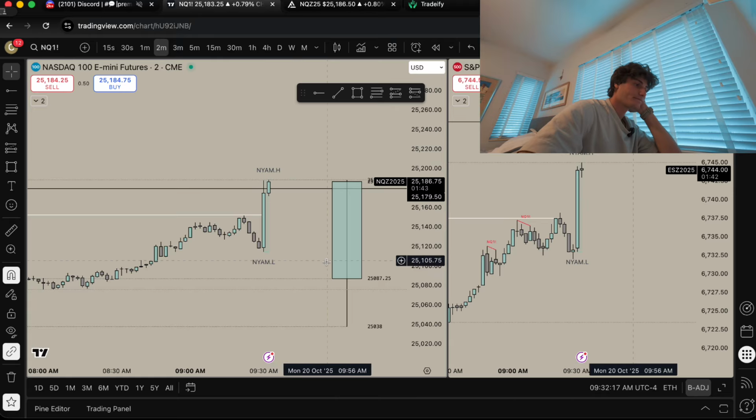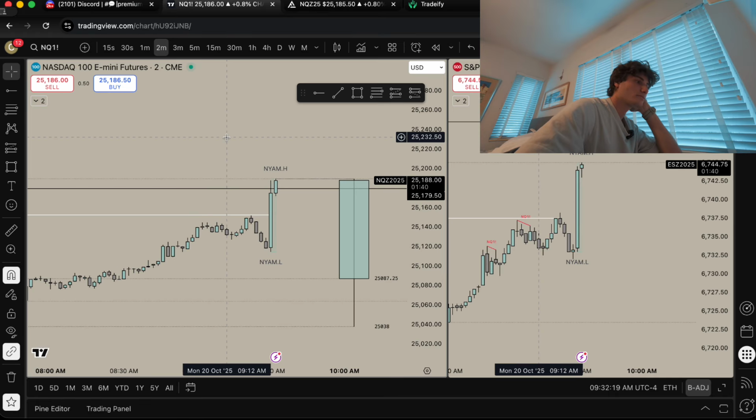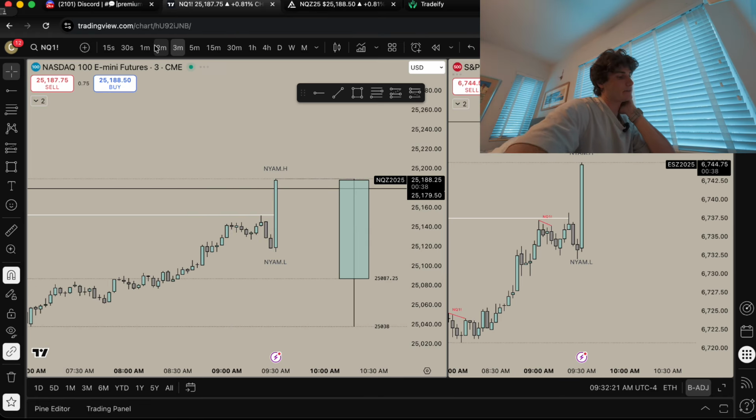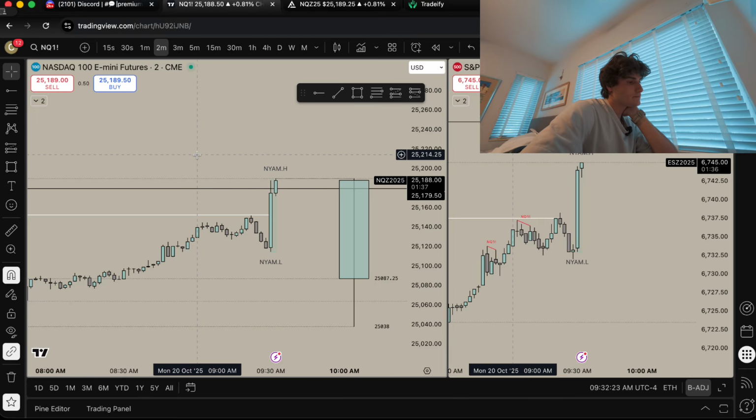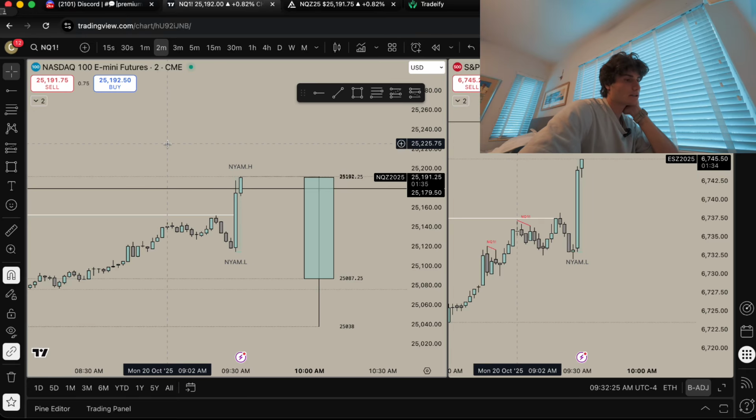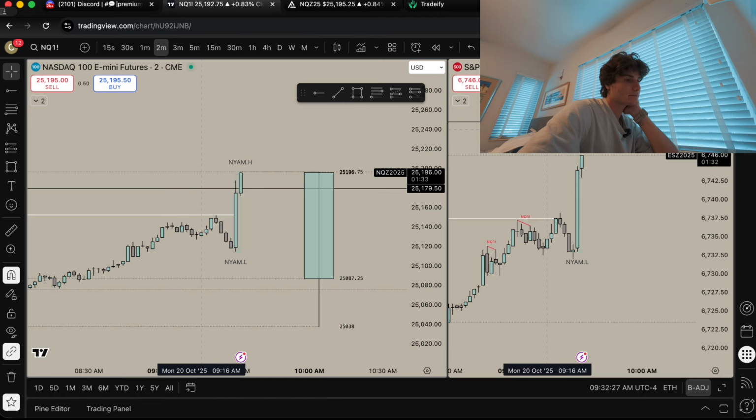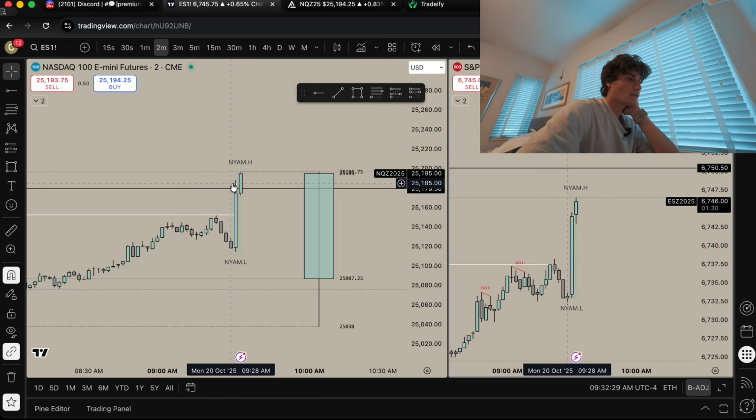So let's see. Now we just play the waiting game. This could take a long time. Gives Tradeify more time to work if it ever wants to. We'll see.